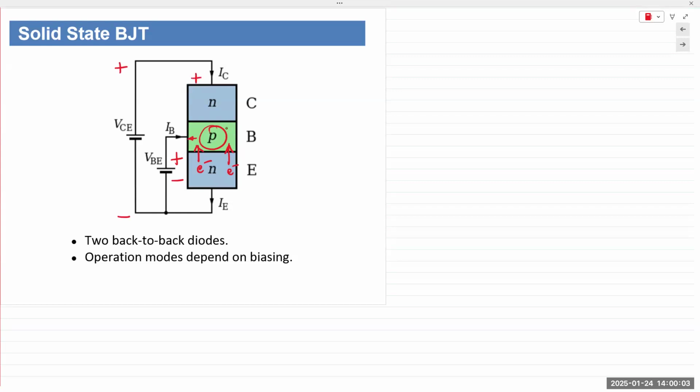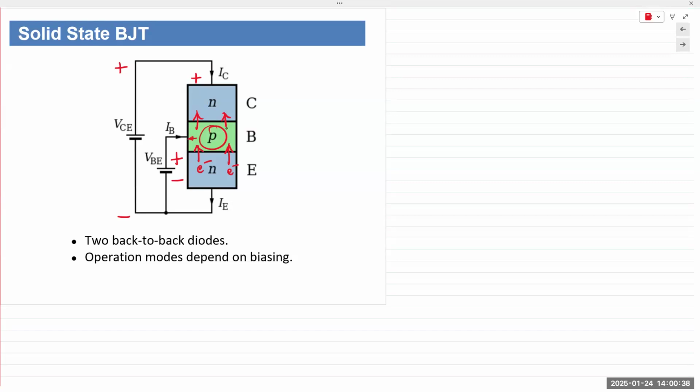And so that attracts the electrons, and they cross over from the first junction into the second junction, go into the collector, and thus a heavy current flows out of the collector. And that's why the operation of a transistor is very different than that of a PN junction diode. It does not function like two PN junctions because of the physical construction.